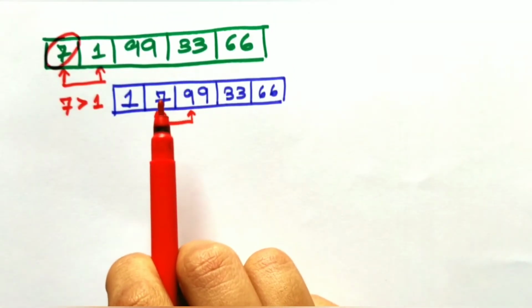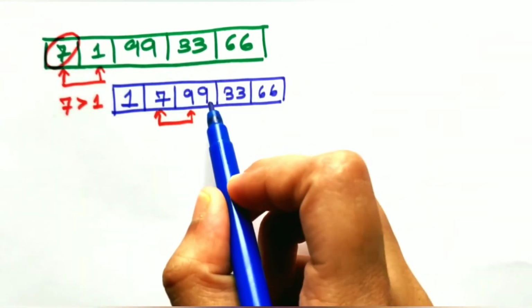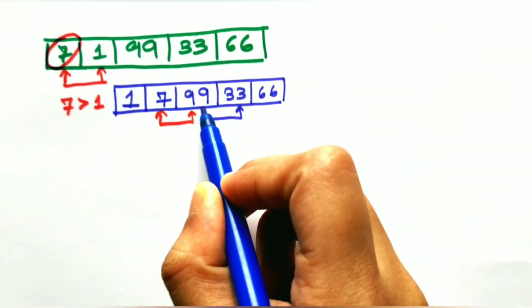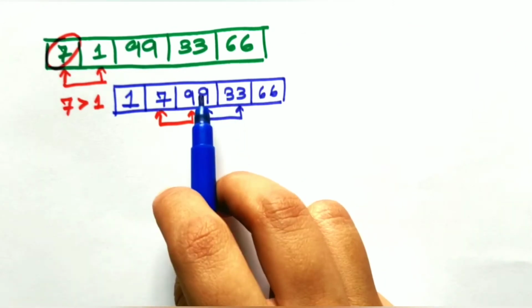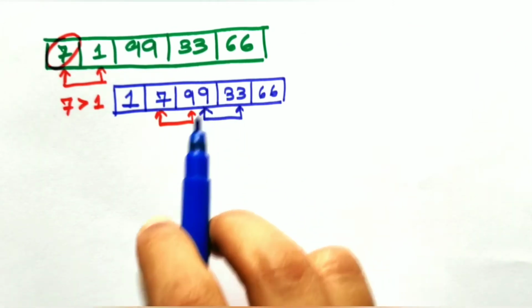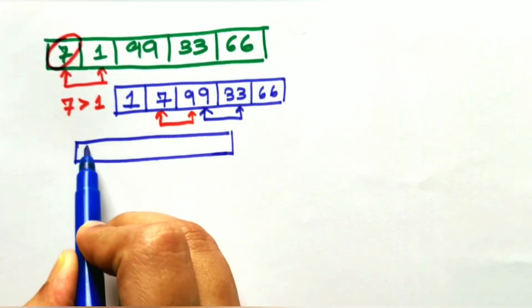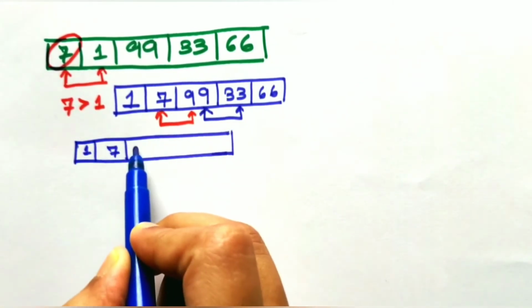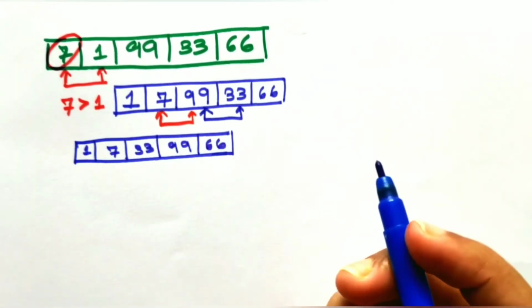After we are done checking 7 and 99, let's go ahead with 99 and 33. There's a difference, 33 is less than 99. Hence, we swap them. So our temporary new array becomes 1, 7, 33, 99, and 66.